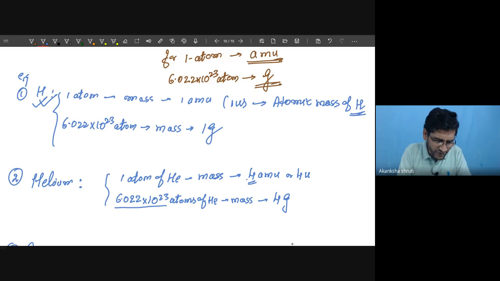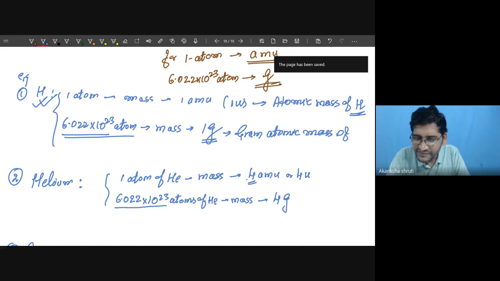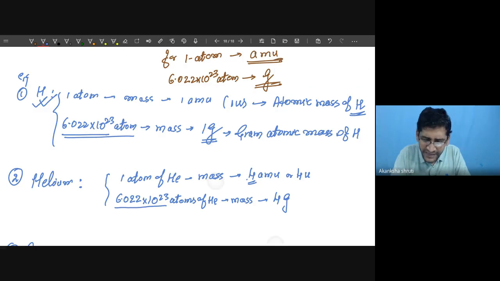If you are taking the Avogadro number, it is expressed in gram, so it is called gram atomic mass. Gram atomic mass of hydrogen. So student, whether I am speaking gram atomic mass or atomic mass, the number remains the same, only the unit changes.